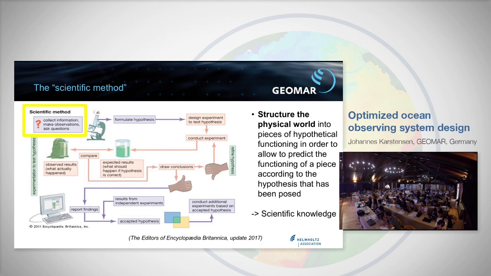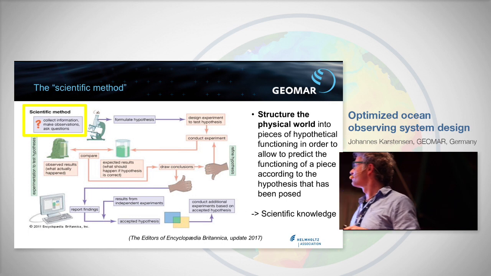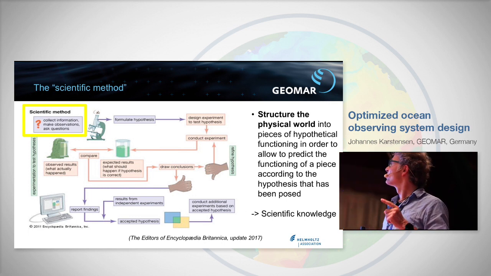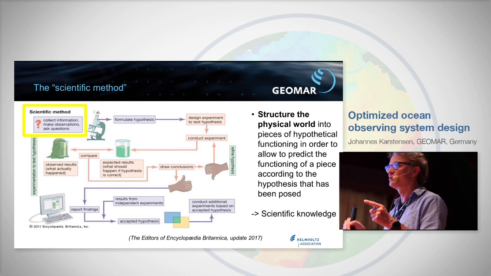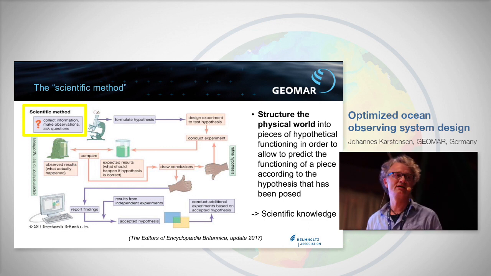So at the end, what comes out here is that we have a certain hypothesis about the functioning of the world, more or less. This is for qualitative or quantitative science, right? So we try to structure our physical world into pieces of hypothetical functioning in order to allow to predict the functioning of a certain piece according to the hypothesis that has been posed.